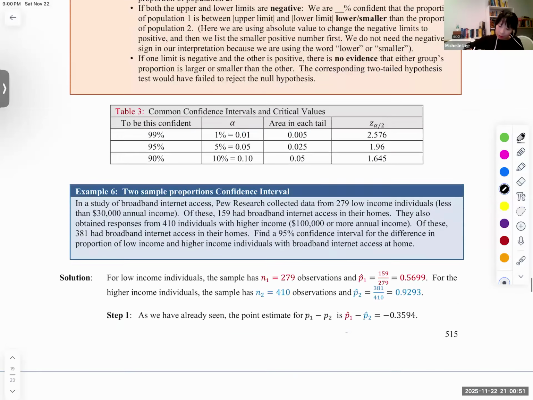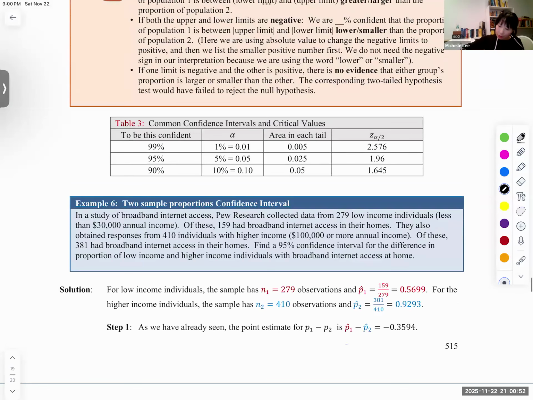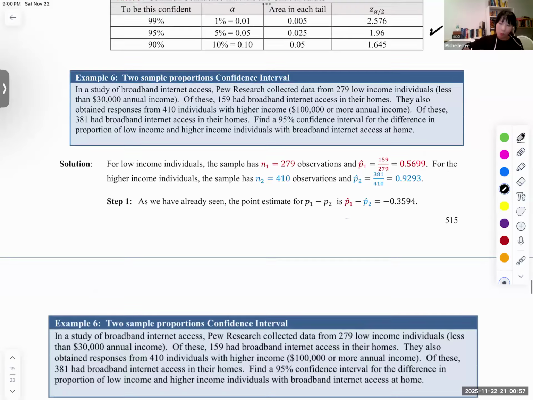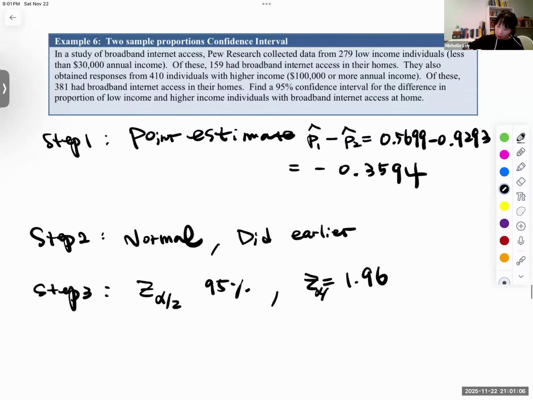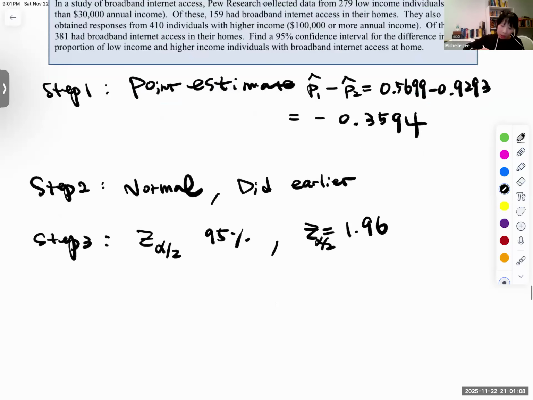So we had 95% is 1.96, correct? Yeah, 1.96. So the Z critical value is 1.96.